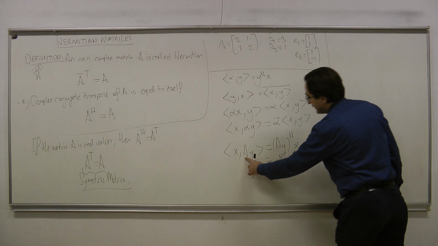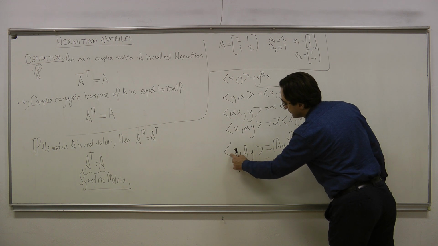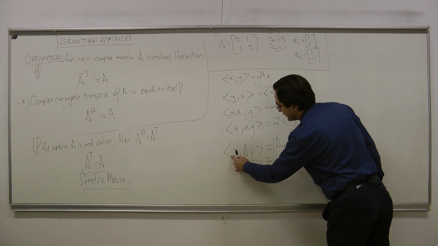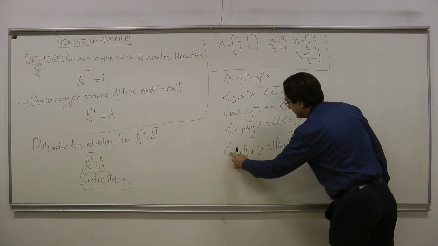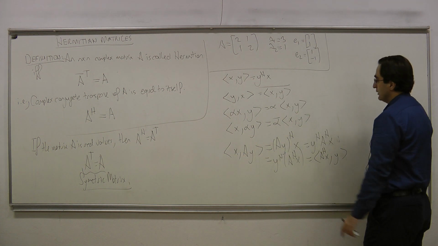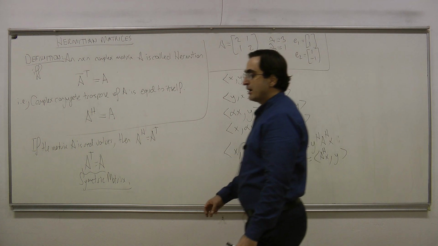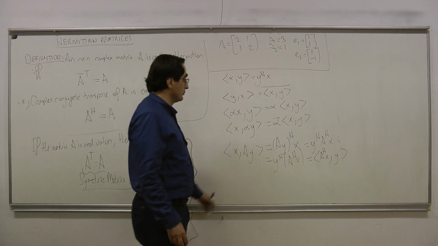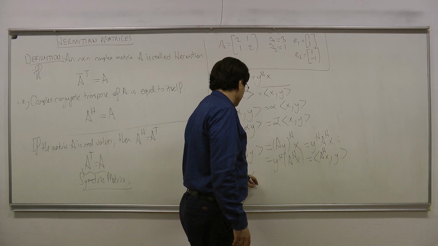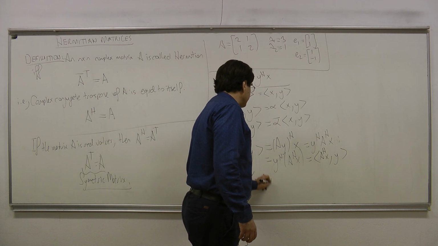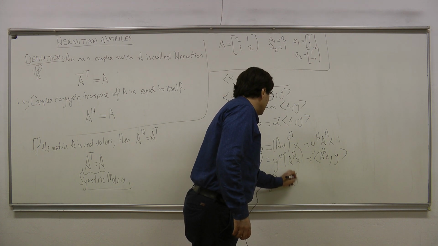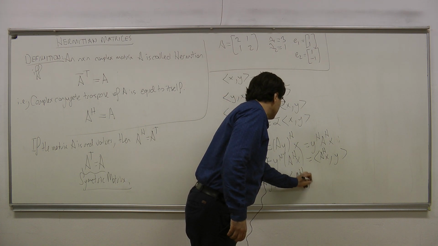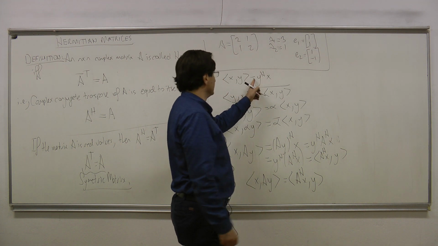So you can take this A in front of the other argument by writing here A Hermitian. This is the important property that we are going to use in proving the properties of Hermitian matrices. So AX, Y is X, A Hermitian Y according to this inner product.